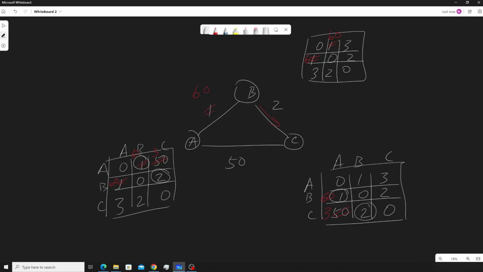It might use this value like 3 over here, and it'll add, let's see, so instead of going from A to C, which will cost 60 over here, I can choose to go from C to A, not knowing that this C to A path uses B as its intermediary.